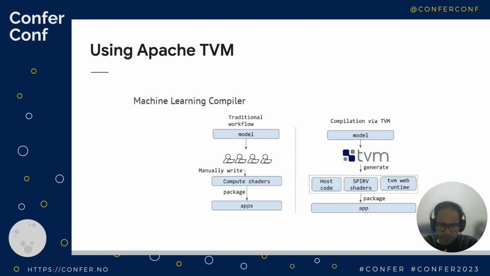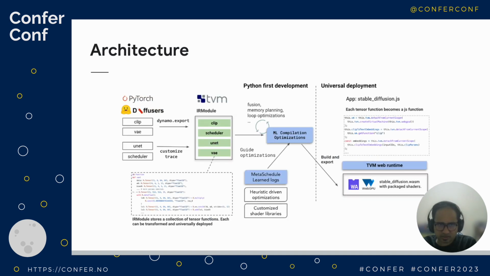For our example though, we used Apache TVM. So in Apache TVM, for our traditional workflow, what we have is we have the model, we manually write the compute shaders, and we have the app. For TVM, what we do is the compilation via TVM. So for us, what happened is that I took the whole model of Stable Diffusion and generated the web runtime through TVM, which we used. For our architecture, this is kind of how it looks for the generative AI part, the Stable Diffusion part.